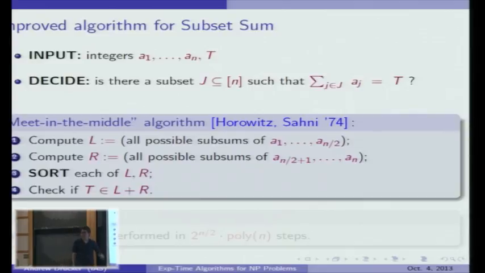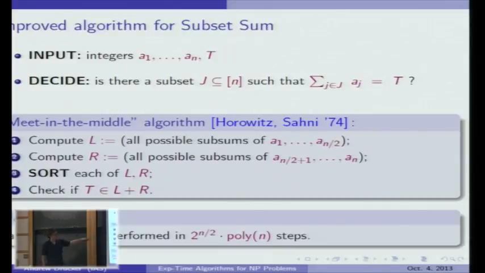Let L be the list of all these 2 to the n over 2 possible values, and similarly for the right-hand side, we'll compute R. So we have these 2 lists of numbers. Now we're going to sort these numbers, which will help us in a bit. And finally, we'll check if our target value t is in the set sum L plus R. So clearly, t is in L plus R if and only if there was a solution to our original problem.